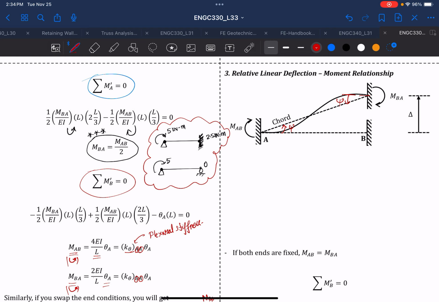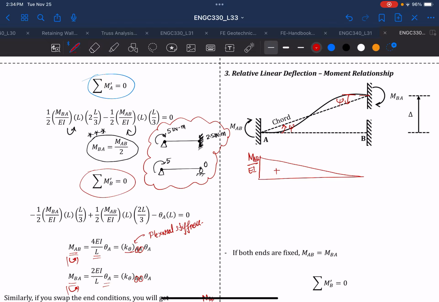You can use the same concept and divide this as superposition into a moment distribution for simply supported with moment MAB. And if it is moment MAB, we know that that will create a positive moment, MAB over EI.